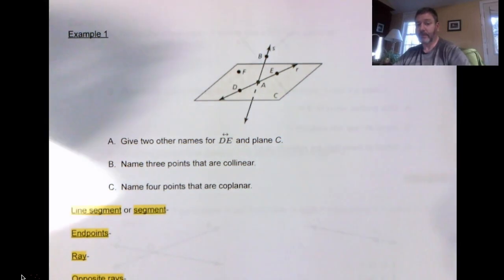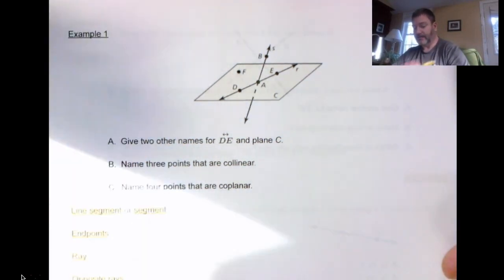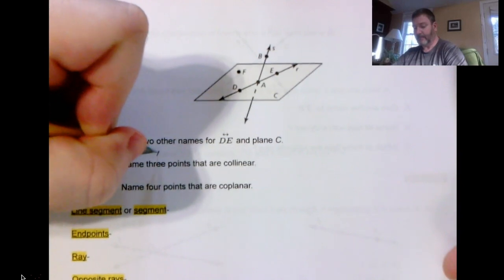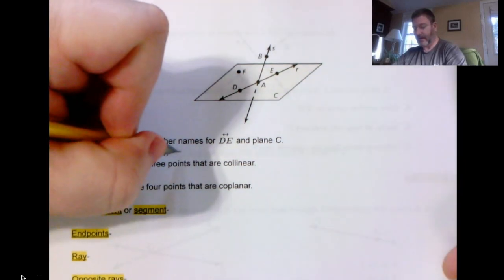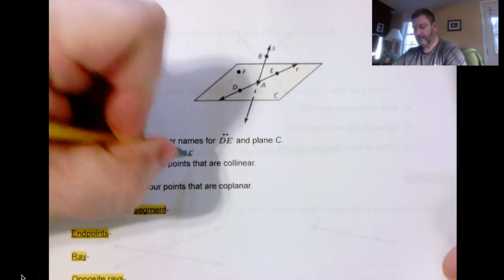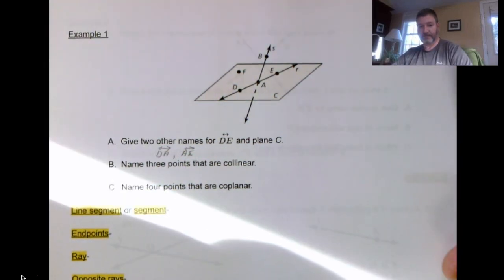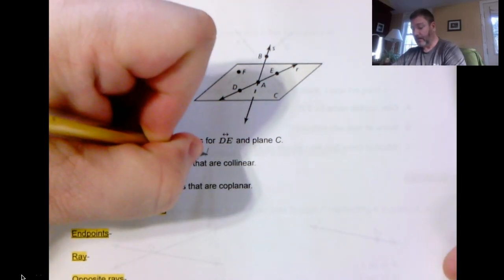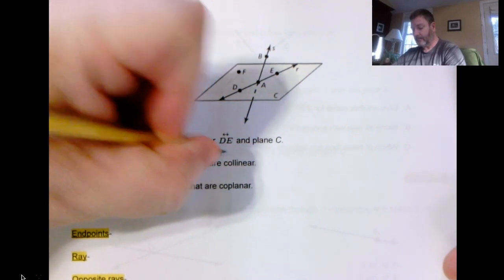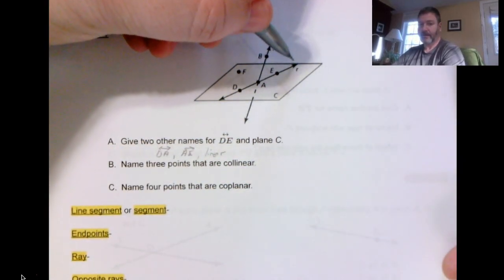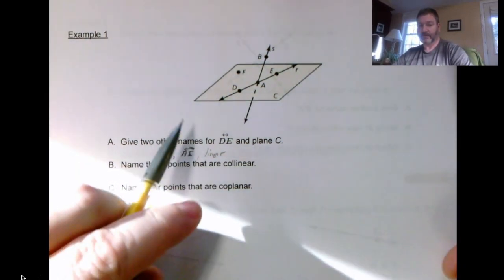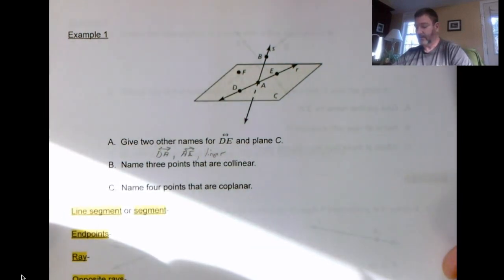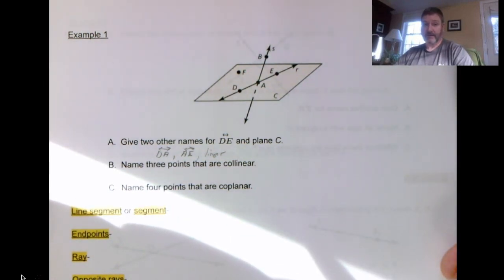We can give way more than two, but two possible ones are line DA with proper notation, line AE with proper notation, line R. As you can see, there's this little R here, indicating that this is line R. Of course, you can also switch the A and the D. You can switch the A and the E. And that's three examples of names for line DE.